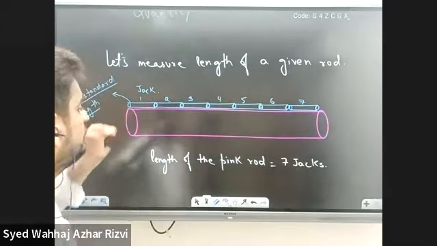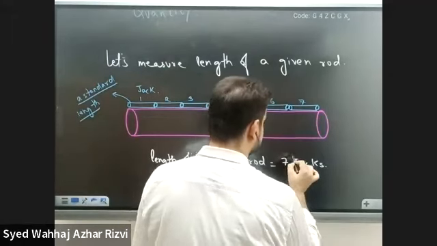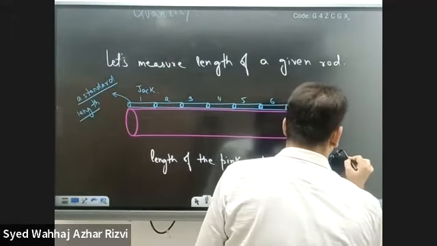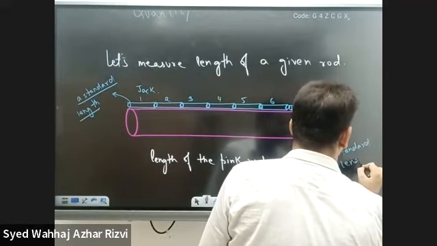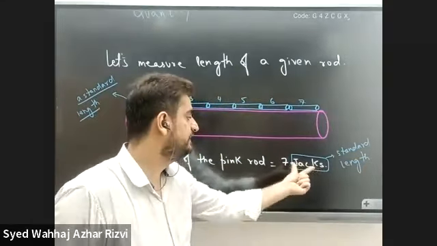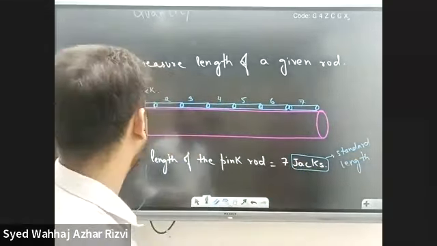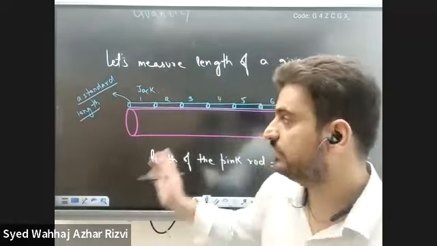Now this is big. Why so? Because Jack itself is a standard length. So this standard length is repeated 7 times so as to become equal to that of the pink rod.